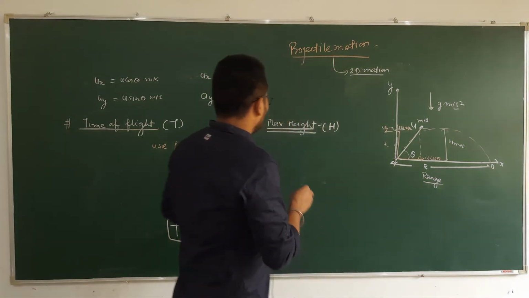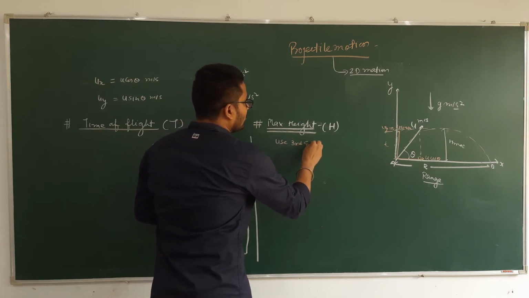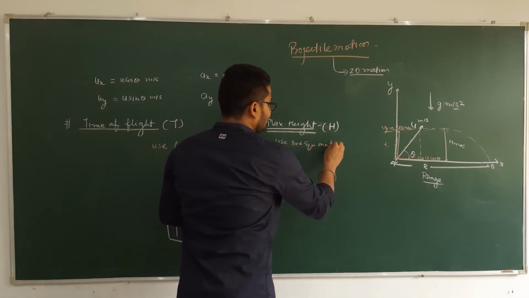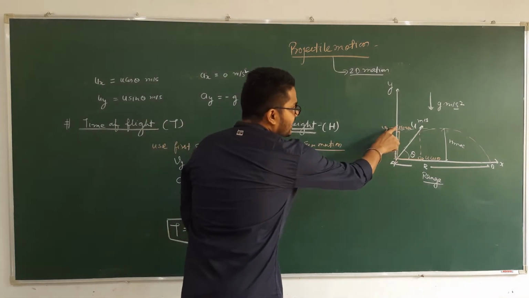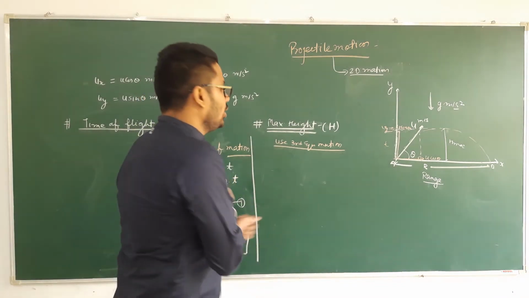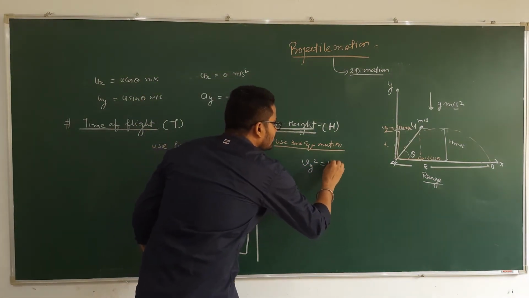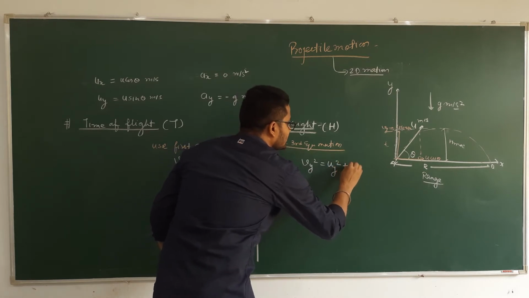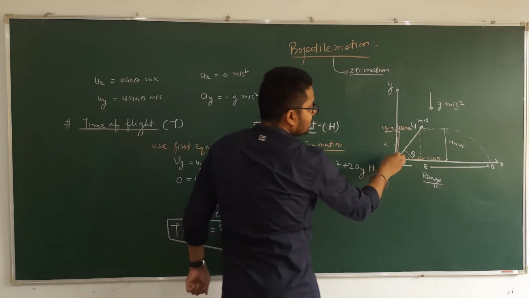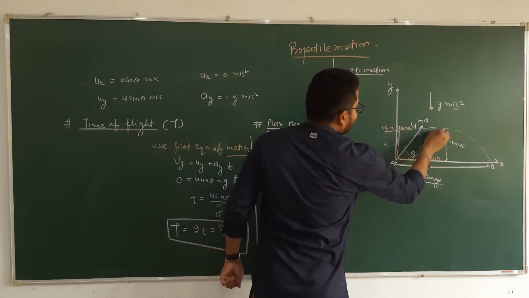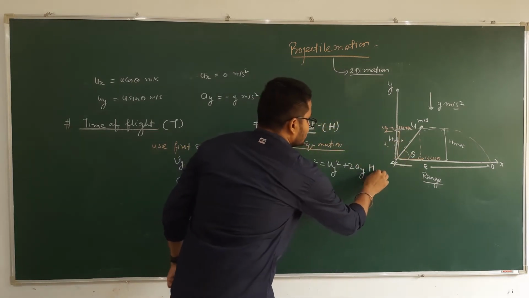So here we use the third equation of motion. Initially in the vertical direction velocity is u sin theta. The third equation of motion: vy square is equal to uy square plus 2ay times this height. This height will be h max.